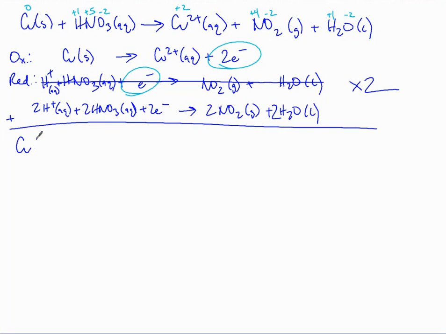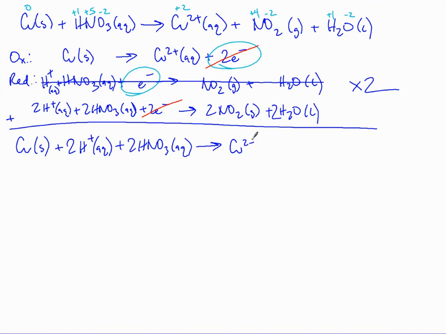So solid copper plus 2 hydrogen ions plus 2HNO3 aqueous. I'm not going to write the electrons down here. Let's go ahead and mark them out in the half reactions.